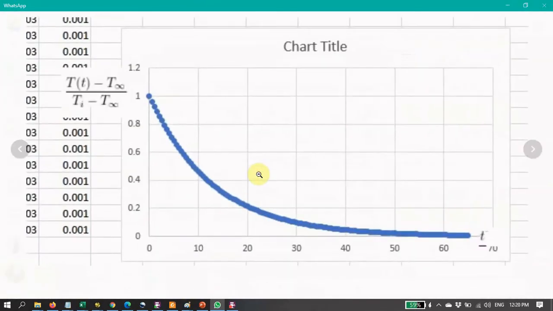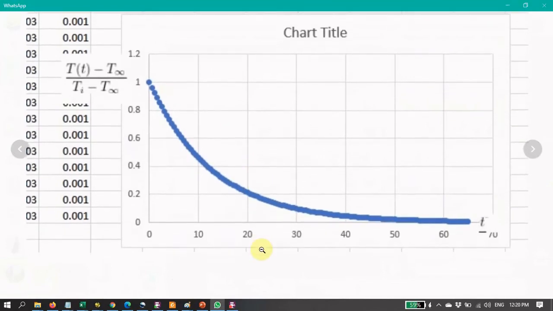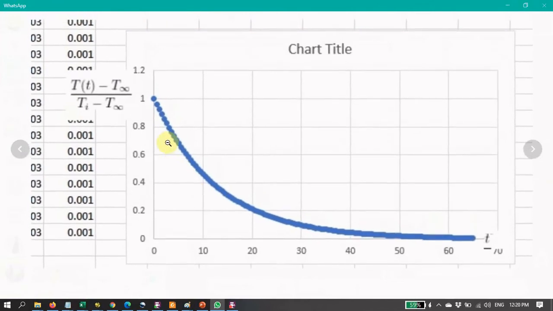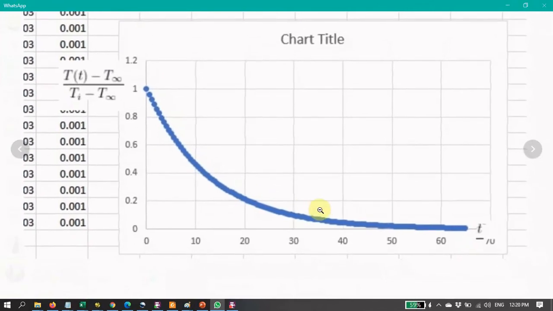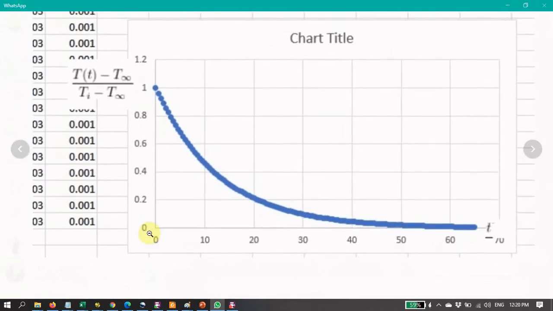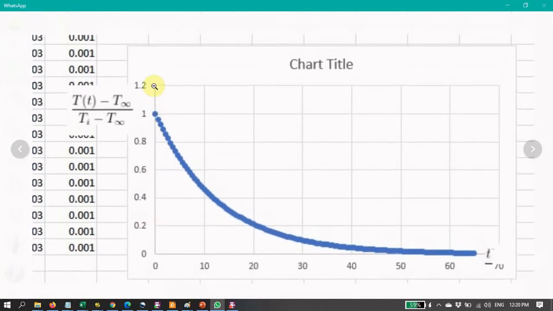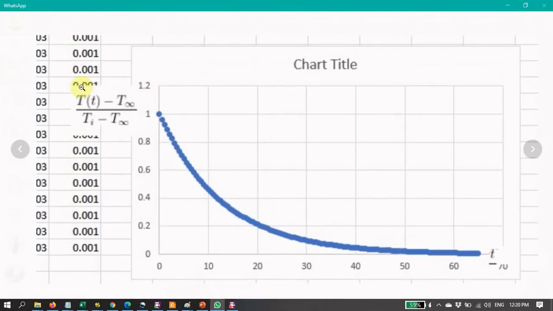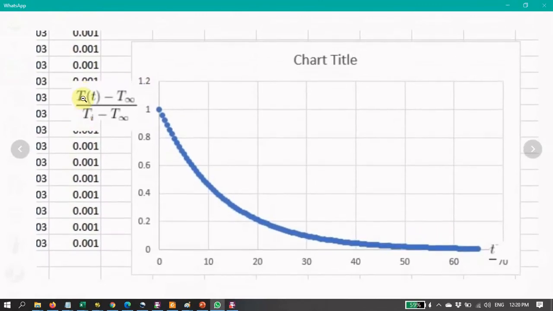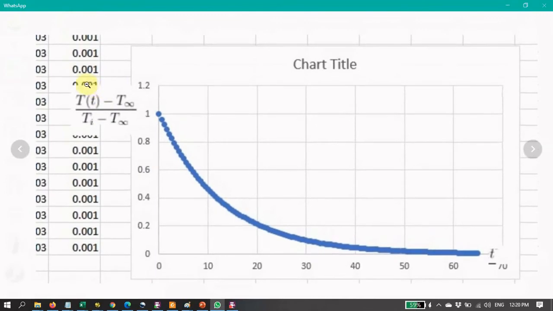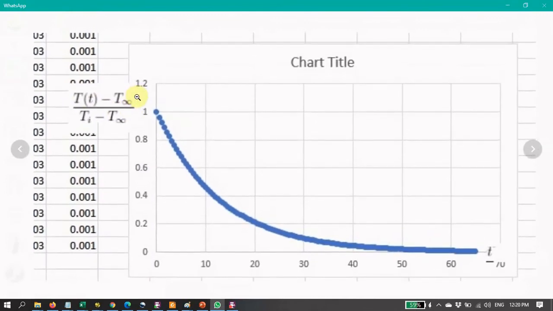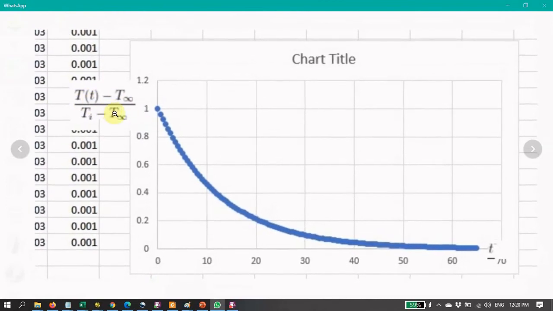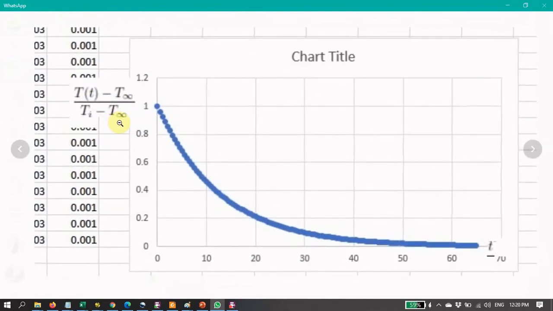Now, I'm showing you the temperature response, the time history, right? The time history or temperature response from this thermocouple, and the vertical axis is the non-dimensional temperature difference. We have the thermocouple temperature, or the heat transfer system temperature, minus the fluid temperature, and then we divide by the initial temperature of the thermocouple minus the fluid temperature.